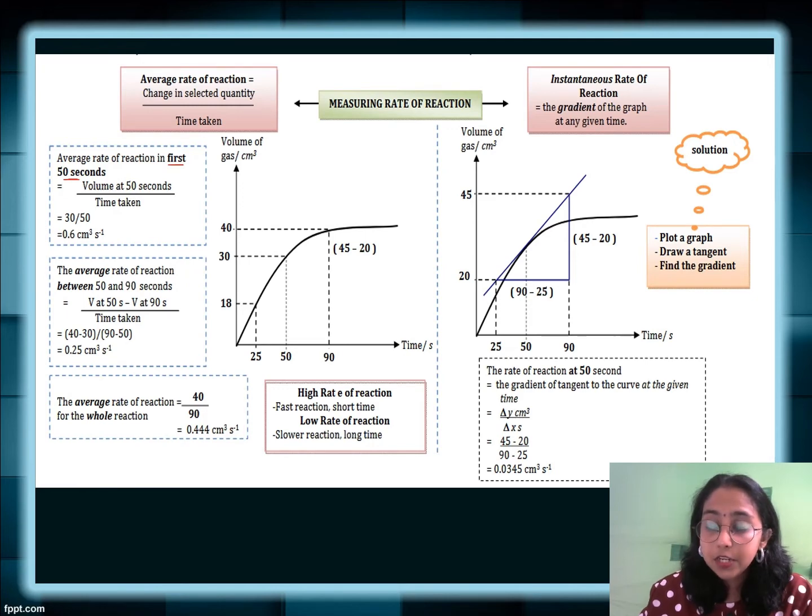Okay, after you draw a tangent, choose a right angle triangle and then you calculate the gradient of that tangent by using y2 minus y1 over x2 minus x1. So you find the difference in the volume, divide with the difference in the time taken. And that is what we consider as instantaneous rate of reaction.